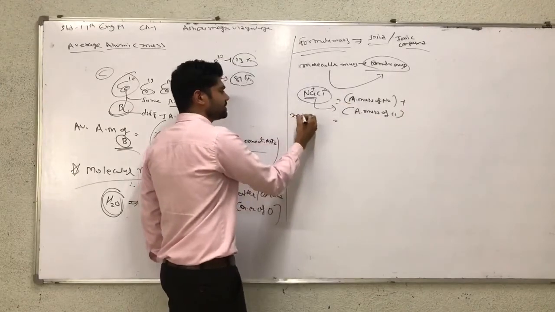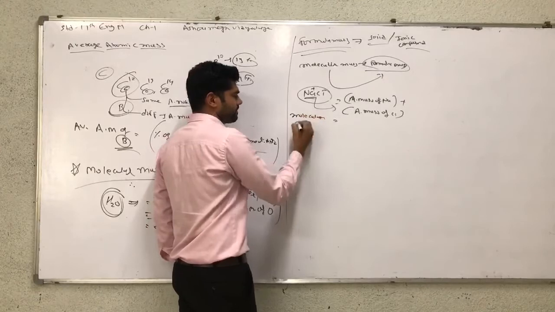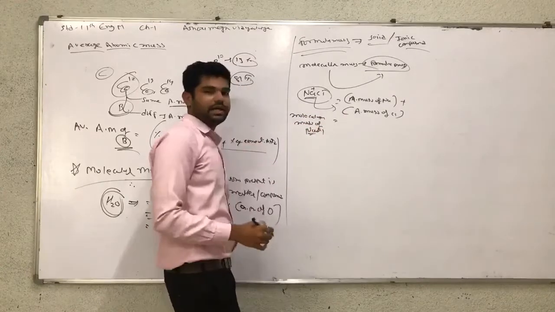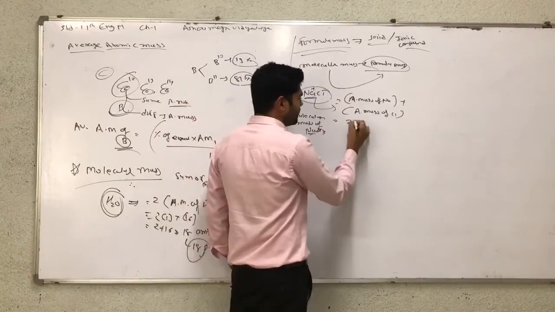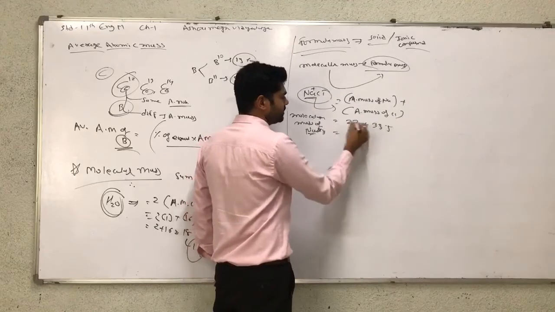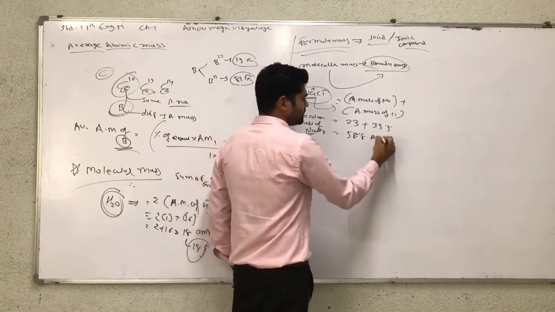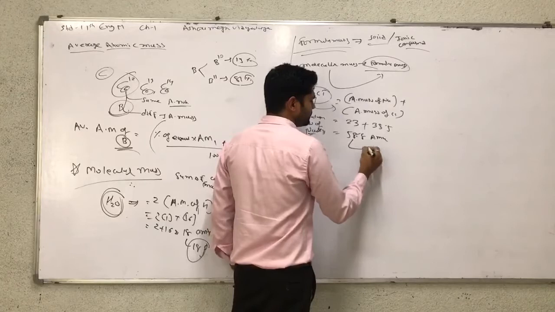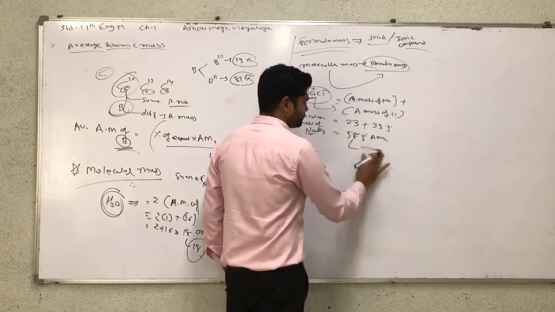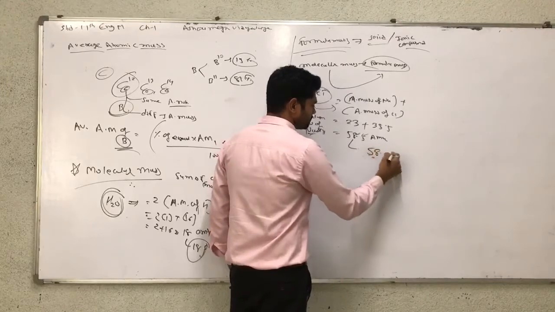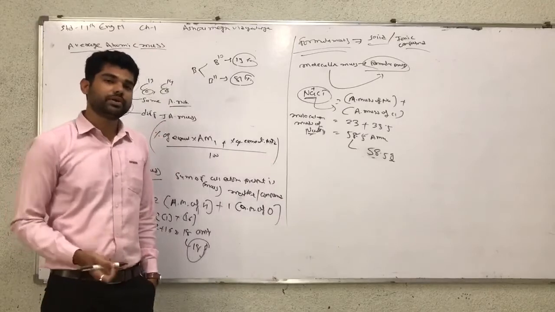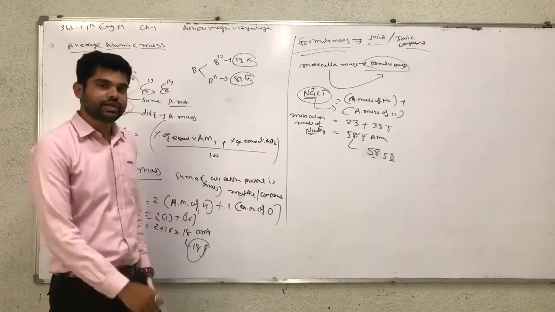Therefore the molecular mass of the ionic compound NaCl is 23 plus 35.5, which is 58.5 AMU. It means 58.5 grams. So the formula mass of the NaCl ionic compound is also 58.5 grams.